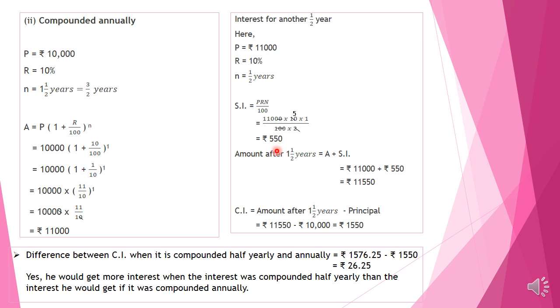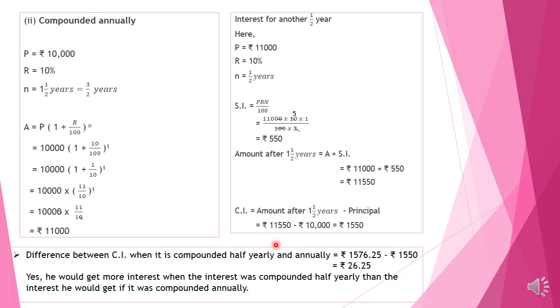Now amount after 1.5 years is equal to the amount we get after 1 year plus the simple interest. Okay, so 11,000 plus rupees 550. So adding, we get 11,550. Okay children, and now we have to find the compound interest, that is the amount which we get after 1.5 years minus principal, that is the starting amount 10,000.